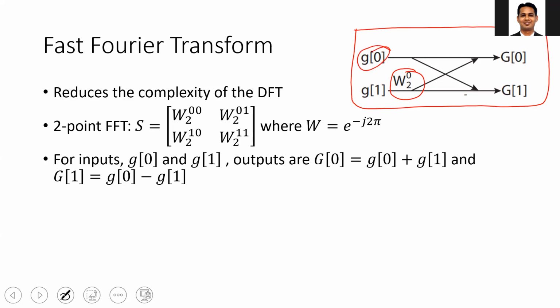So G0 plus G1, because this weight is 1, and G0 minus G1. So for a size-2 butterfly, or 2-point butterfly, also called the 2-point FFT, the number of weights is 2 by 2, that is 1, that is the W02.